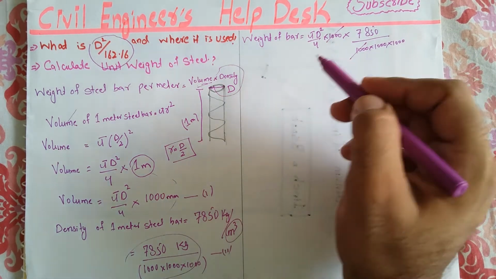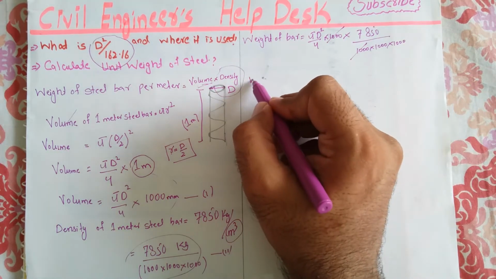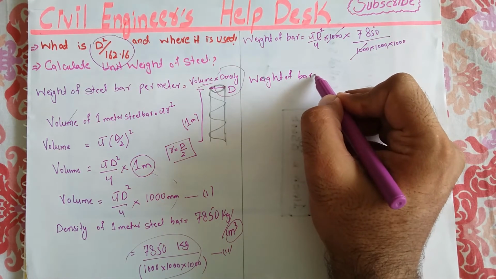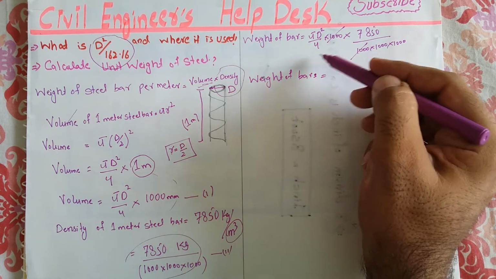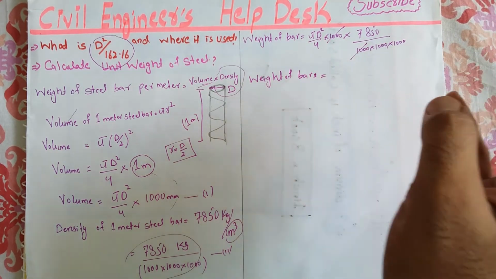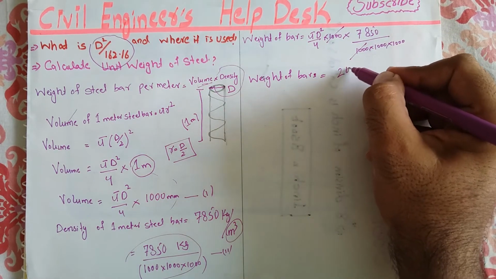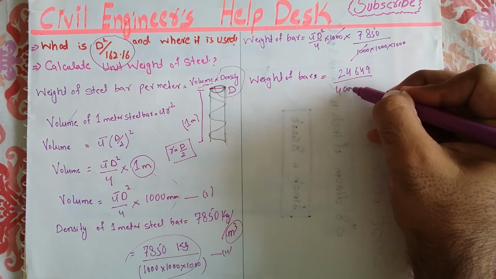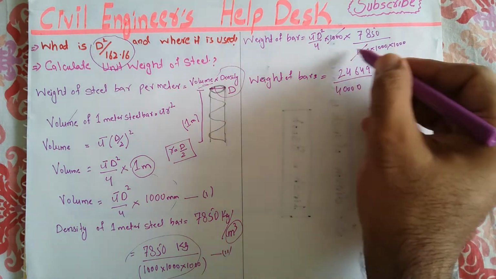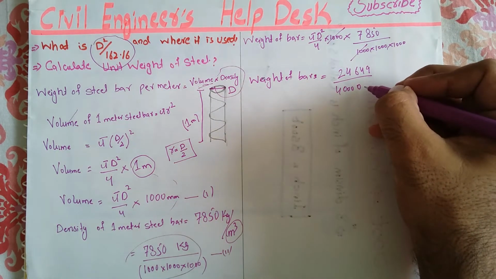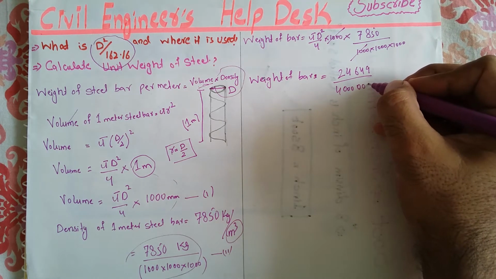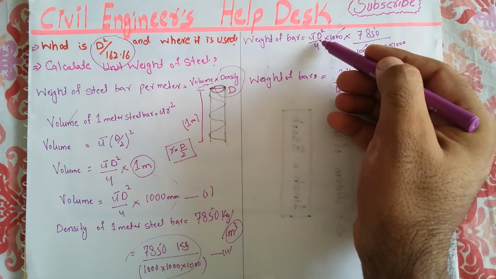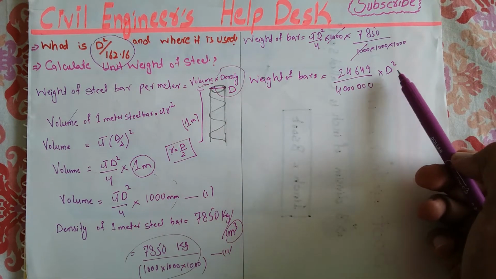So 1000 cancels with 1000. So final value of weight of bar, after calculating and solving, we will get 24649. You can solve it by yourself. You can also derive this after multiplying these values: 1000 multiplied by 1000 multiplied by 4, it will be 4 lakh. Because we didn't put any value in d, d will remain the same.